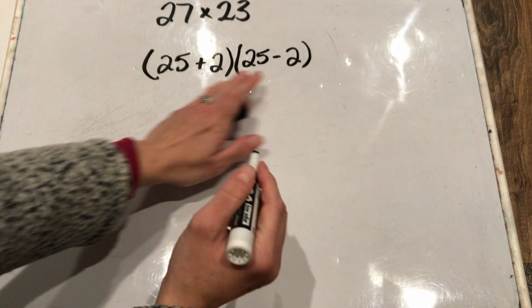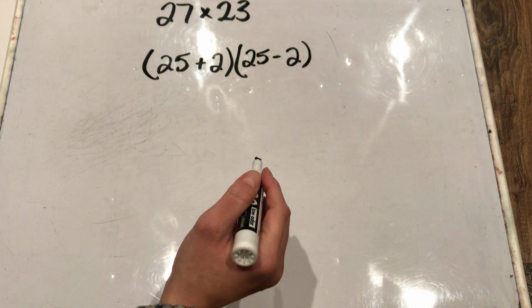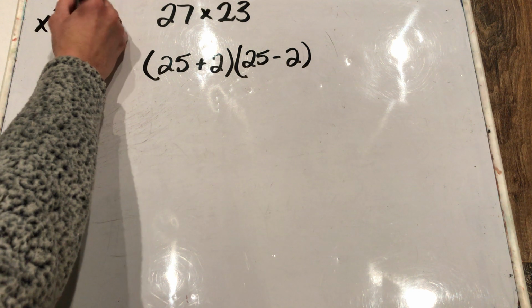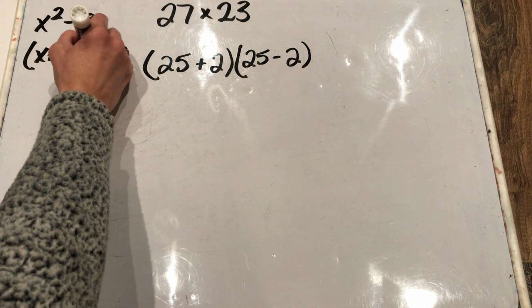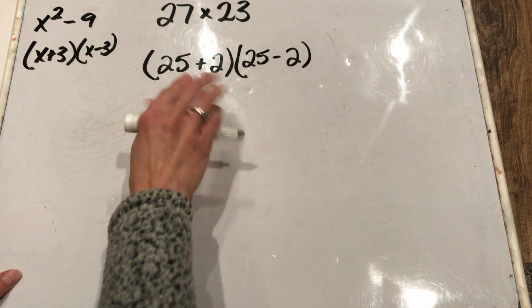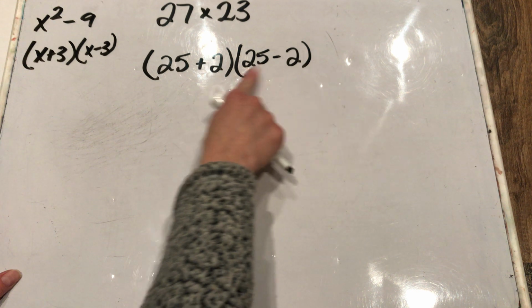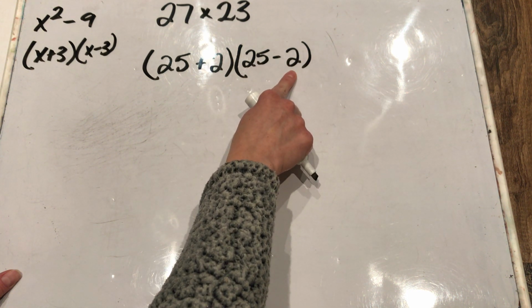Are you seeing any pattern here that we just did that could maybe apply? Remember, when we factored something like x squared minus 9, we said it was x plus 3 and x minus 3. So do you see this number here plus the same number, plus 2, and then this first same number minus the second same number?